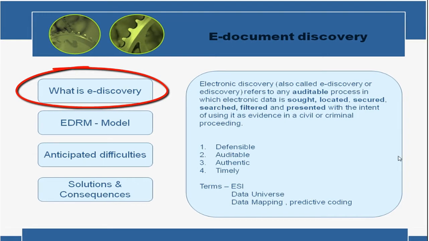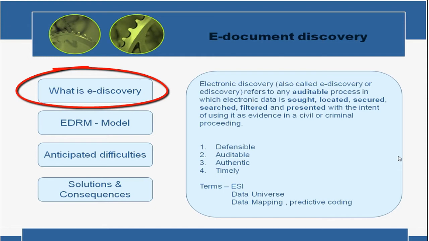Within the ESI environment, you will hear terminologies like data universe, data mapping, predictive coding. All of these are terminologies that will be floating around all over the place. But don't let that confuse you at all. The data universe will simply refer to the beginning of the process up to the end.